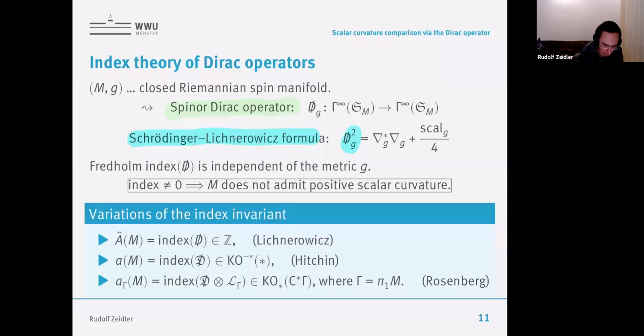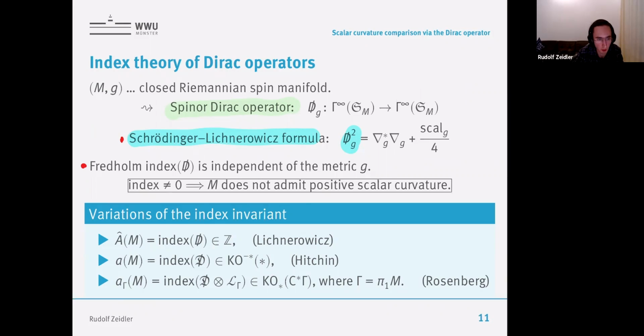And now there are two important things. When we apply index theory, we see that the Fredholm index does not depend on the choice of the metric. If you combine this with this formula, then you can conclude that if the index is non-vanishing, then M does not admit a positive scalar curvature metric.